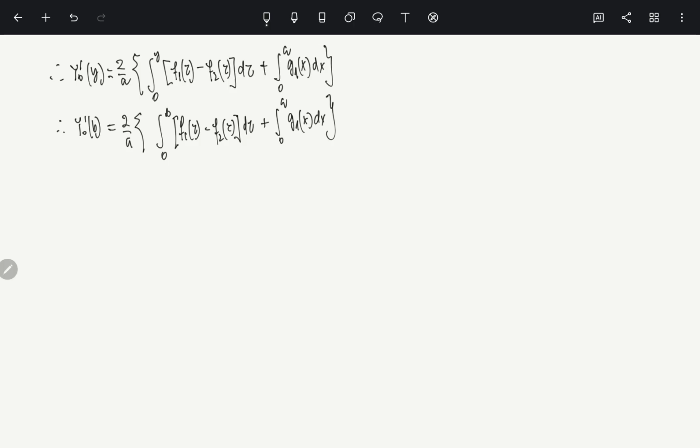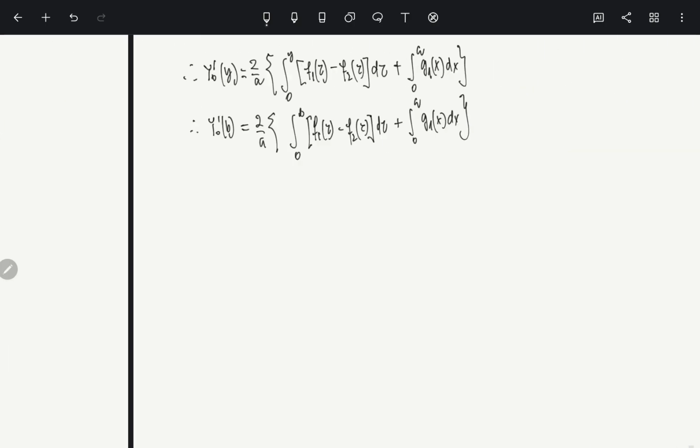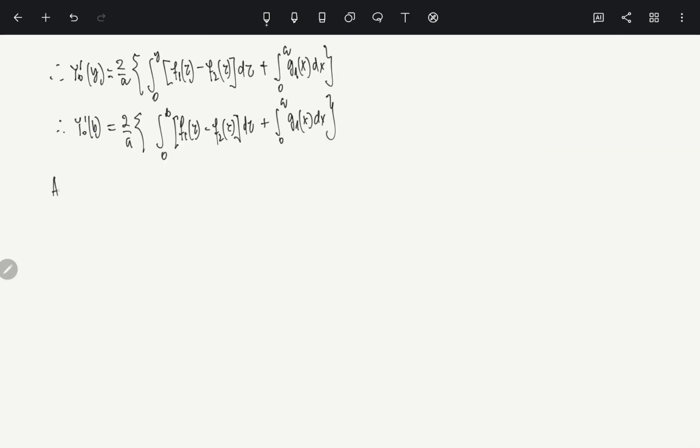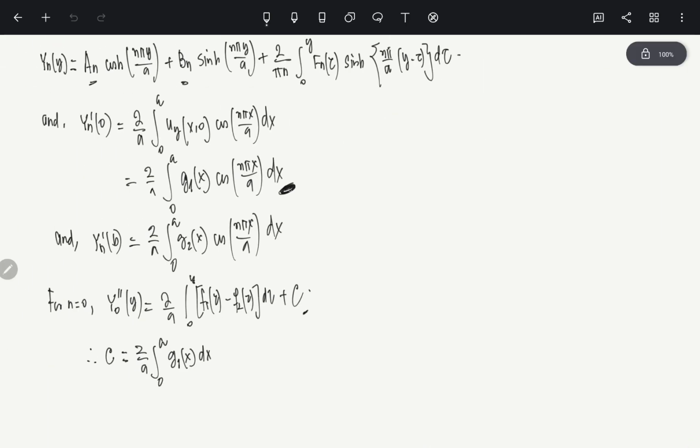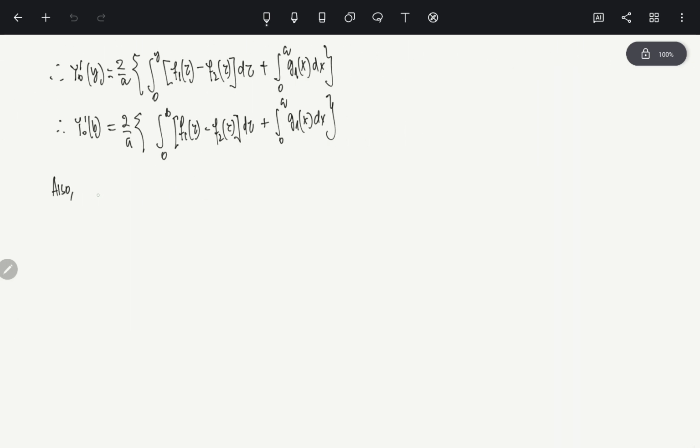Also from this equation, this is becoming very big, but let me just do it. From this equation, y_0 prime of 0 is this particular thing. So if you equate those two, y_0 prime of b is nothing but 2 by a integral from 0 to a of g2(x) dx.